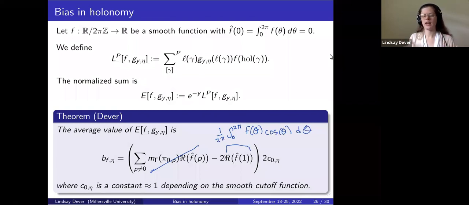So basically the entire bias is being controlled by this tendency towards the left side of the circle, although other biases could potentially be introduced if there are 0 spectral parameters.